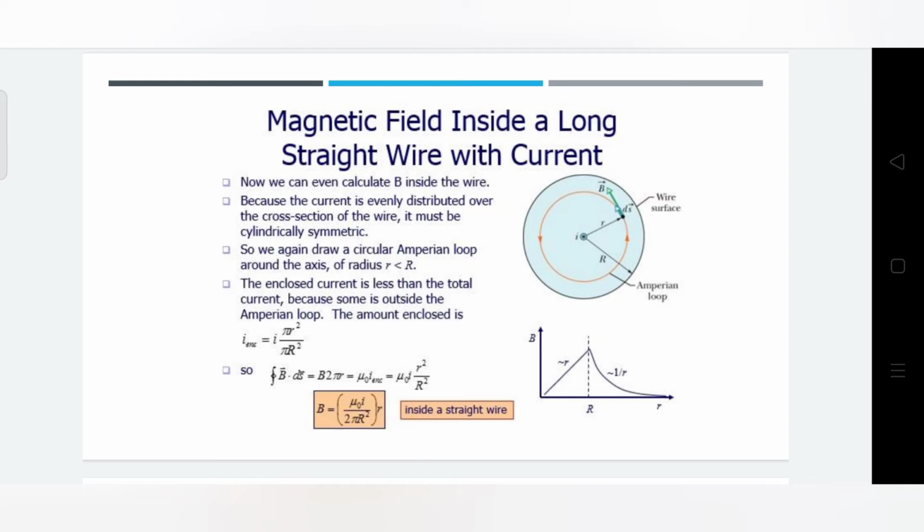The enclosed current is I enclosed equal to I times pi r squared divided by pi R squared, because the two circles are different. So finally we get B equal to mu naught I r divided by 2 pi R squared, which is the magnetic flux density inside a straight wire.